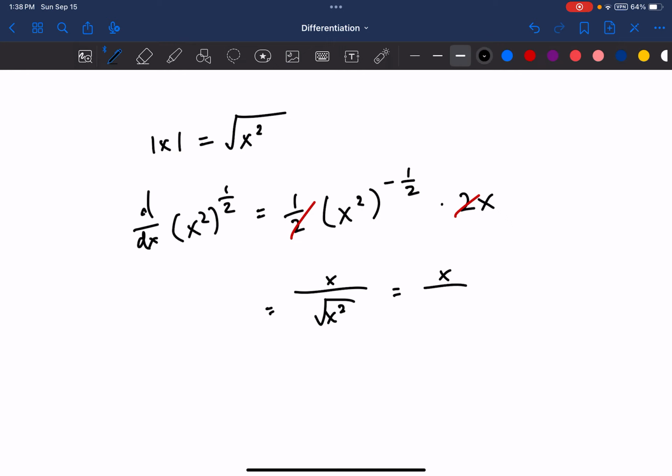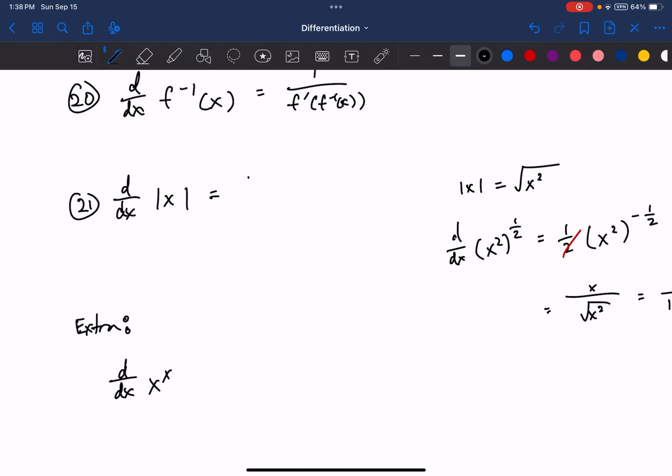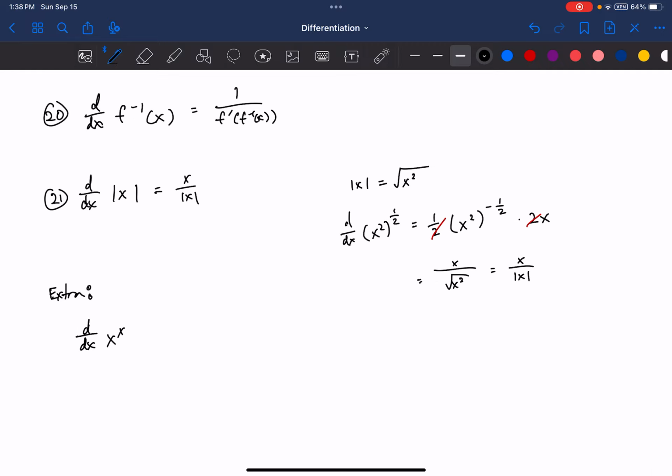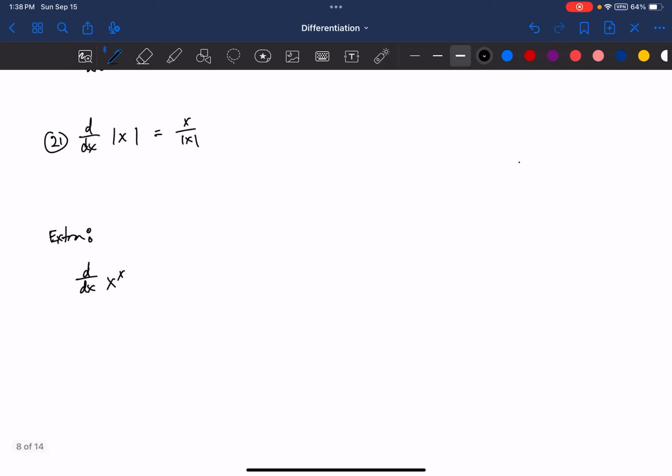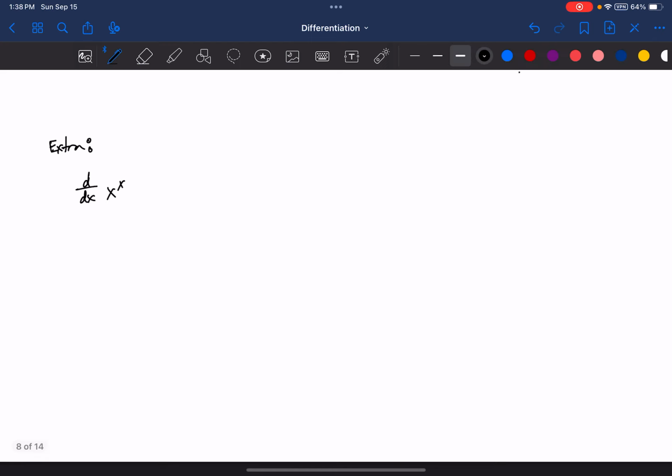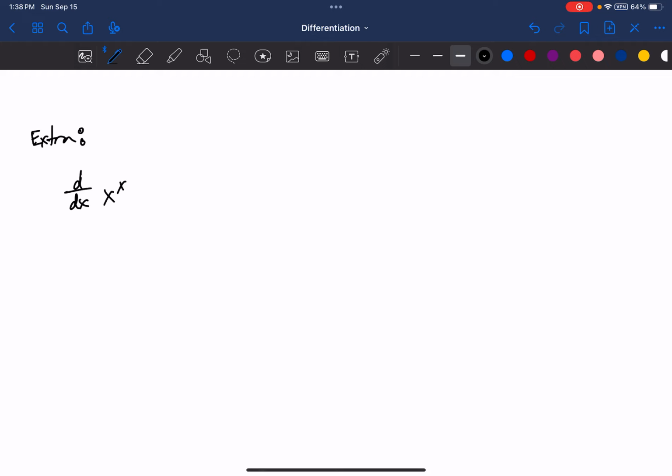So this would be x over absolute value of x. So here it would be x over absolute value of x. And yeah, so that's it for the rules of differentiation. And if you want to skip the next part, which is a bit extra for you to learn, then it's okay.